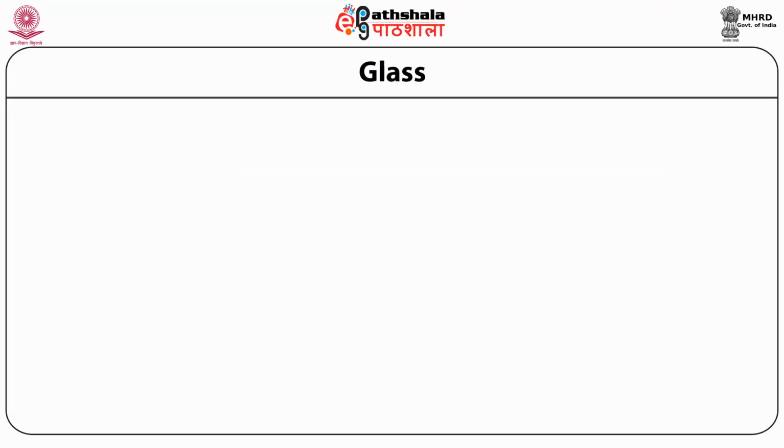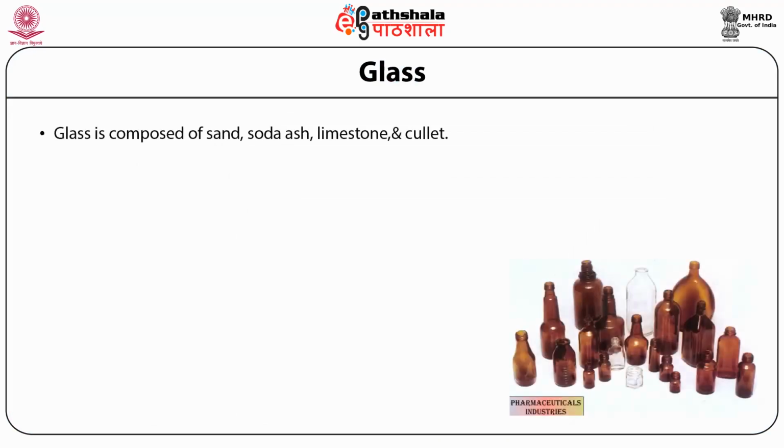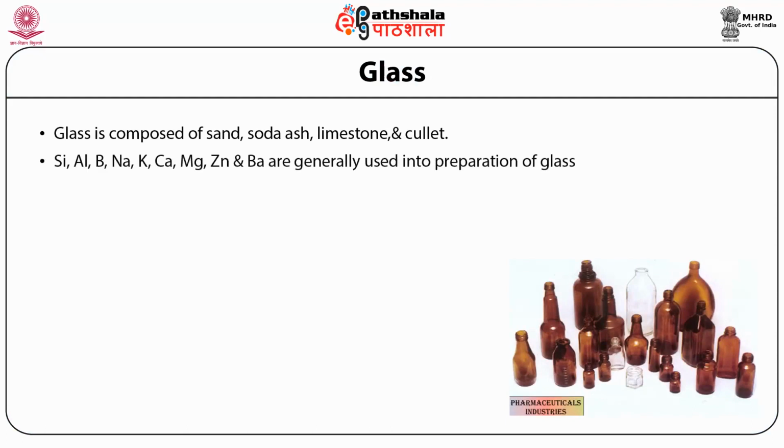Glass as a packaging material. The glass is composed of sand, soda ash, limestone, and kaolin. Silica, aluminium, boron, sodium, potassium, calcium, magnesium, zinc and barium are generally used in the preparation of the glass. Now, what are the advantages of glass as a packaging material?